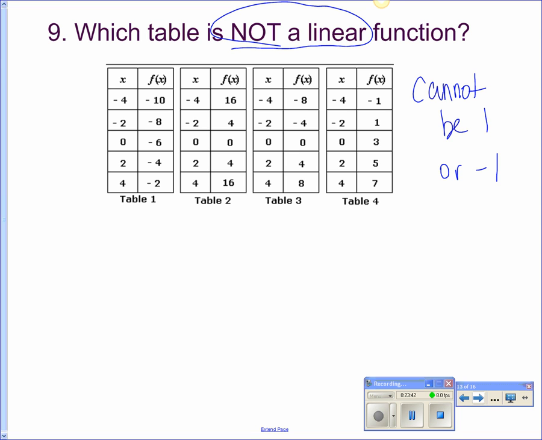Not to be the answer. All right, Dylan, what are you getting for this first one? He's got it. So it's saying which one is not, this one is. Okay, Andrew, what did you get for table 2? All right, we'll do it right now.